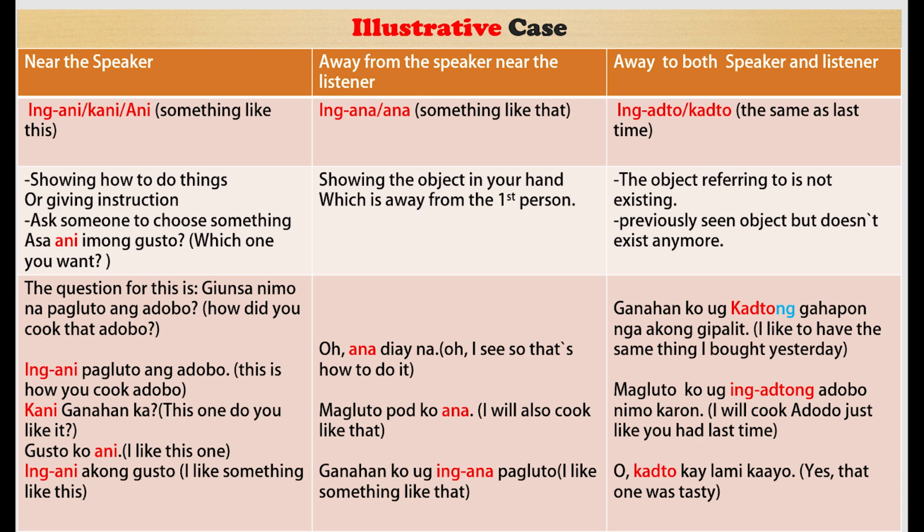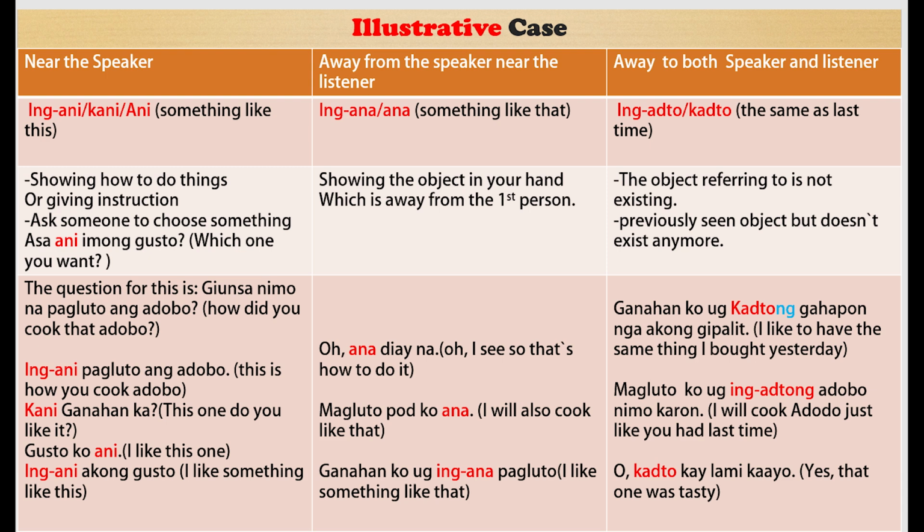This one, do you like it? Kani ganahan ka? So this is almost like the nominative case. Kani, kini. Kani ganahan ka? This one, do you like it? Gusto ko ani. So I like this one. Ing ani akong gusto. I like something like this.